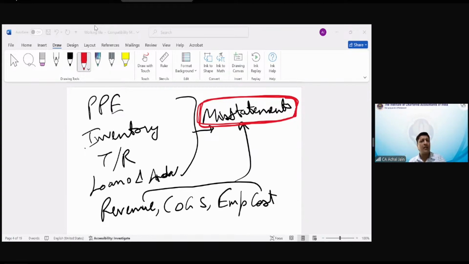Yeah, clear? So I'm just hoping that you are now clear on what is pervasive. Because generally I see a lot of confusion around this area. So I'm hoping that you are clear on what is material and pervasive. Any questions, any doubts? Because generally this is a point of confusion for many.